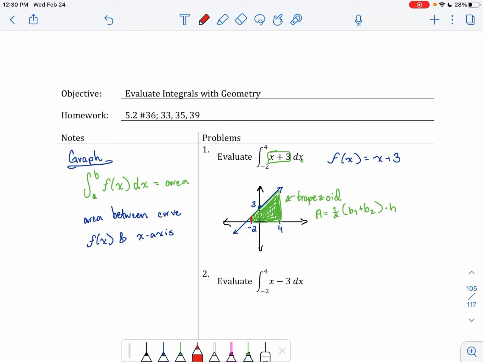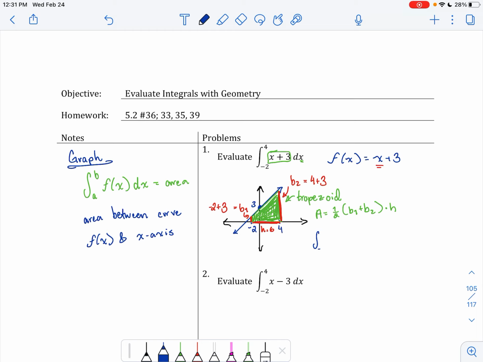So if I look here, this is my base 1, the parallel side here, base 2, which means that the height is this distance. Now, using my function here, the height for base 1 is -2 plus 3, because we're plugging in for x, and base 2 is 4 plus 3. And my height is the difference between -2 and 4, which is 6.